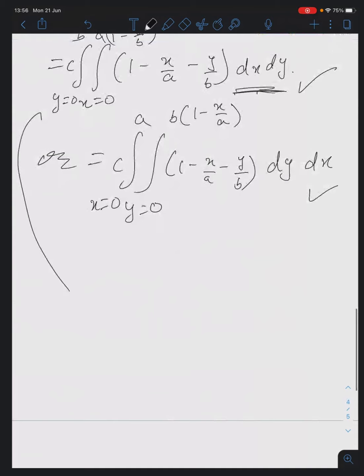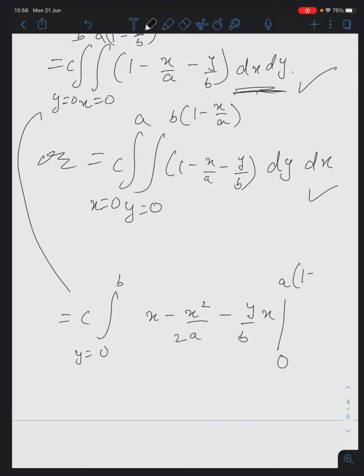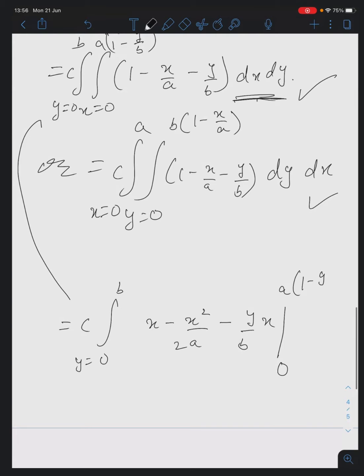So if you solve this, this is c, integral y equal to 0 to b. You are solving with respect to x, so you will get x minus x square by 2a minus y by b times x. Limits from 0 to a into 1 minus y by b, dy.